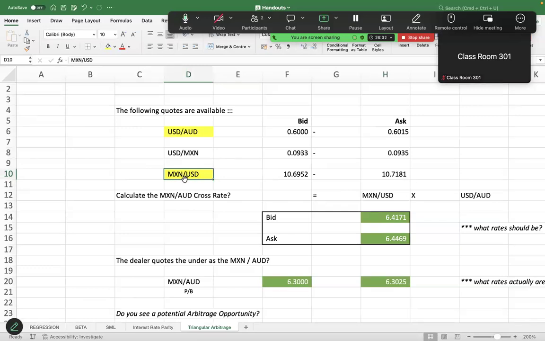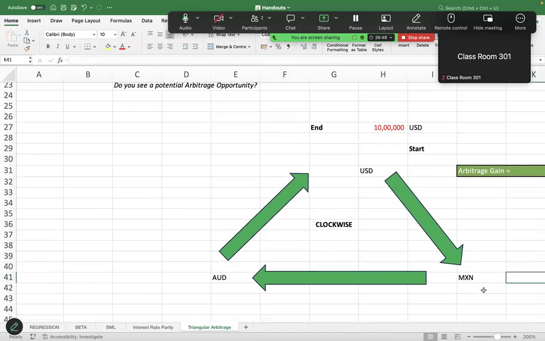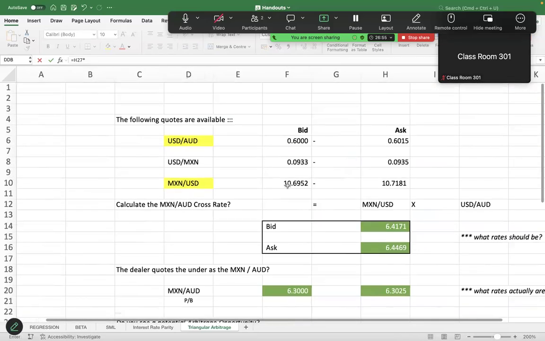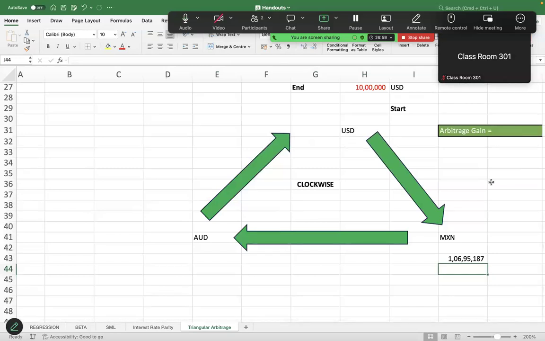Base currency MXN नीचे वाला लेना पड़ेगा. यूएसडी एमएक्सएन थर्ड वाला, बिकॉज यूएसडी इज द बेस करेंसी, यू हैव टू सेल द यूएसडी टू गेट एमएक्सएन। सेल के लिए ऑलवेज लोअर रेट, ये वाला रेट लेंगे, विच मीन्स आई विल गेट हाउ मच money, 1 million US dollars into this rate. I will get 106,95,187 Mexican peso. This is clear.